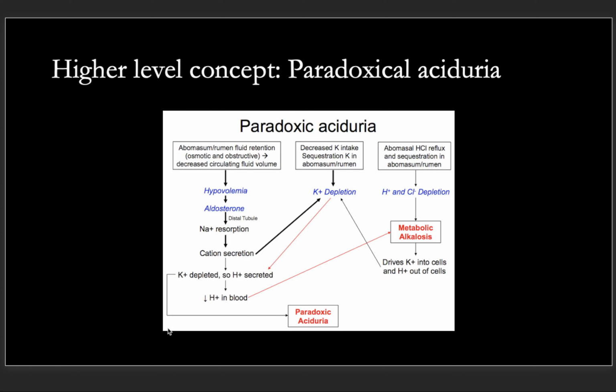Aldosterone activation causes potassium loss in the urine. Potassium loss in the urine, therefore, causes more hydrogen ion loss as the body tries to hold on to some of that potassium. This really gets too complicated, but all you really need to remember is that the body loses potassium, and in trying to hold on to it, tries to excrete hydrogen ions. And so the urine gets more acidic.